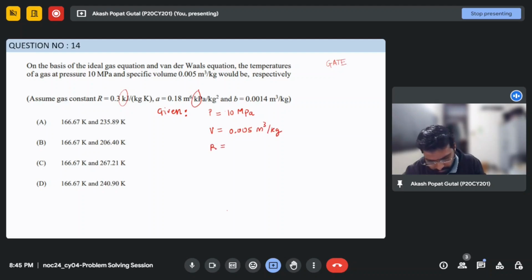R is 0.3 kilojoule per kg per Kelvin, and a is 0.18 kilo meter to the power 6 Pascal per kg square. B is equal to 0.0014 meter cube per kg.